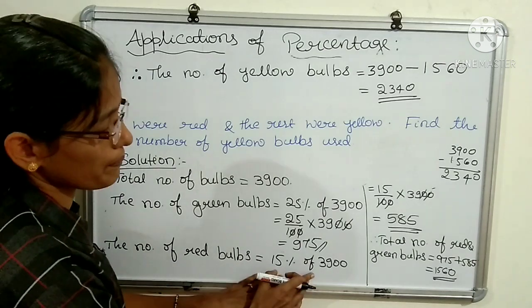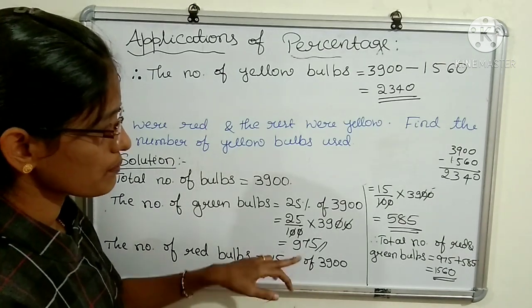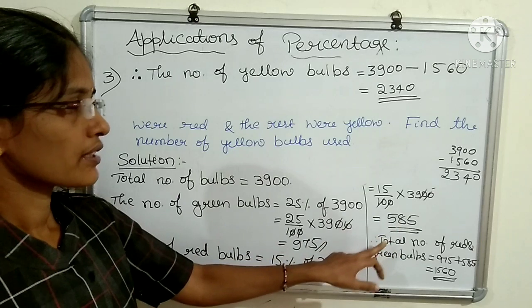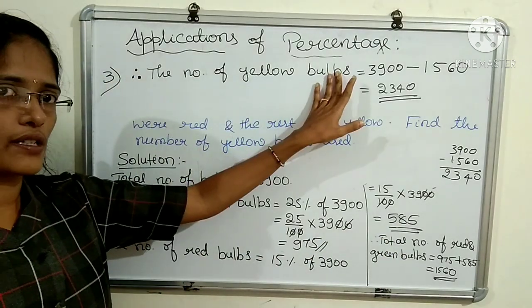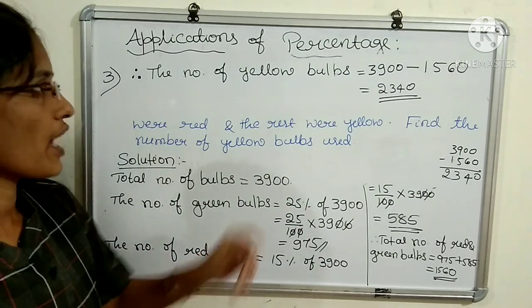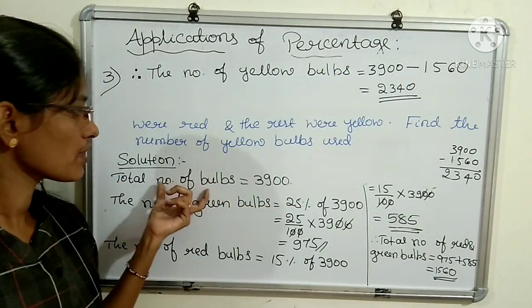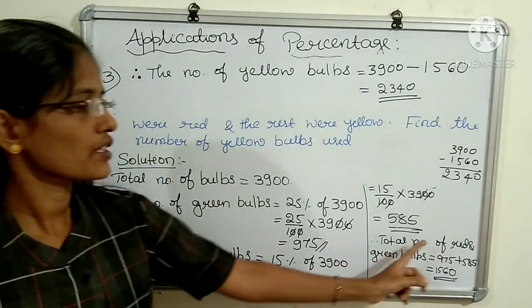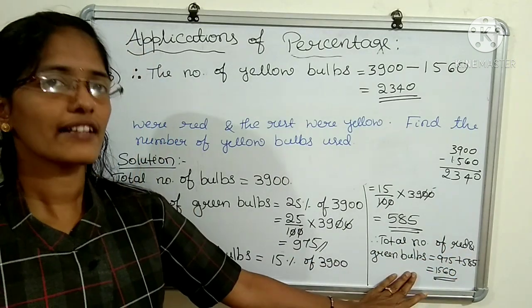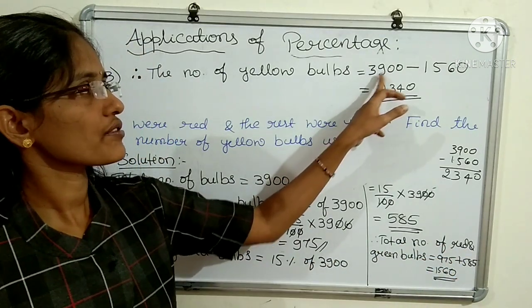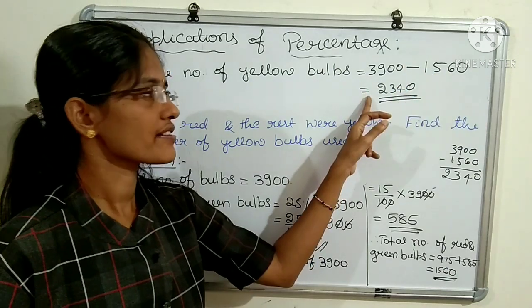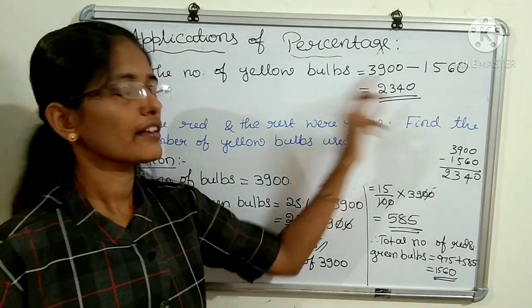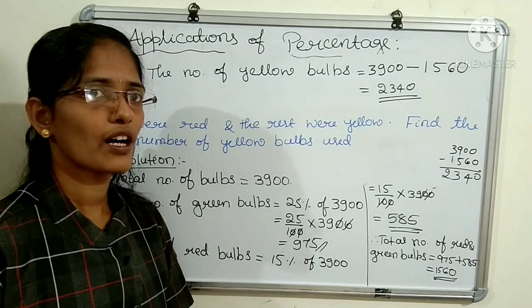It is given in percentage form. You convert this percentage to number form. Next, to find the total number of yellow bulbs, we have to subtract the total number of red and green bulbs from the total number of bulbs. It is 3900 minus 1560. Answer 2340. I hope you all have understood.